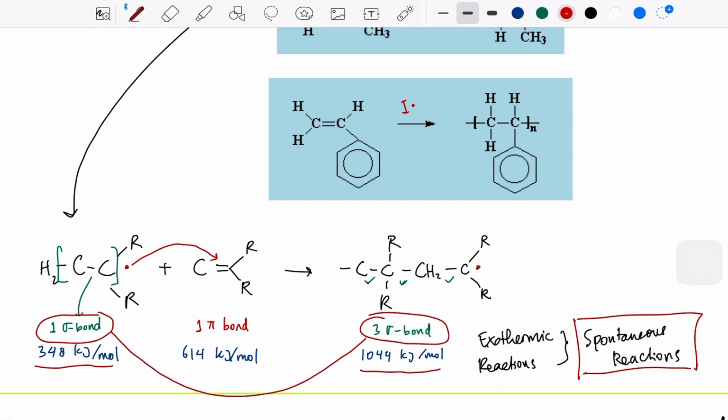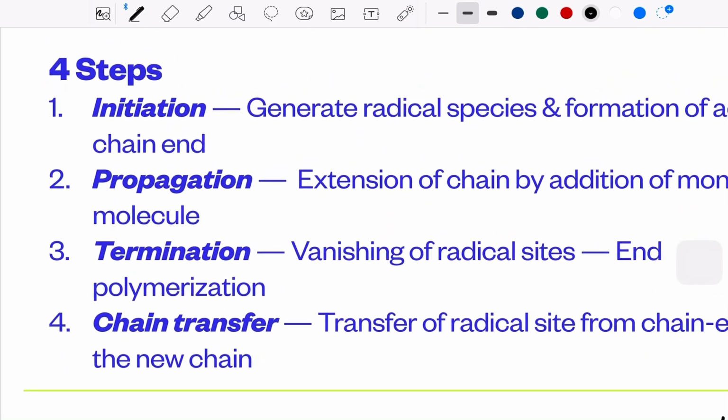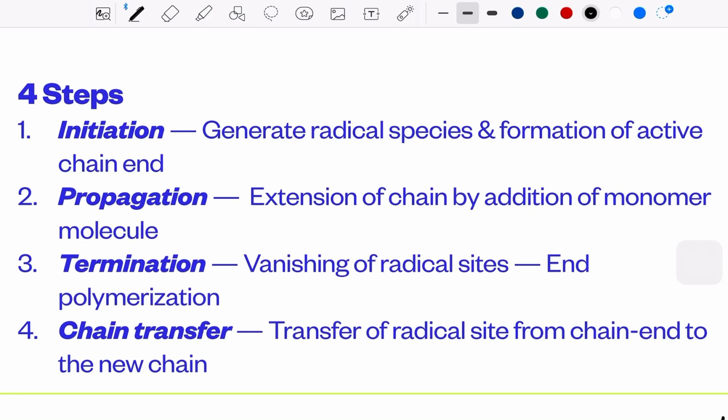Okay. So this is just a summary of the 4 steps that we have in the chain growth. So first step is the initiation. We are going to look at all the steps one by one later. So the first is to generate the radical species, and it forms the active chain end.